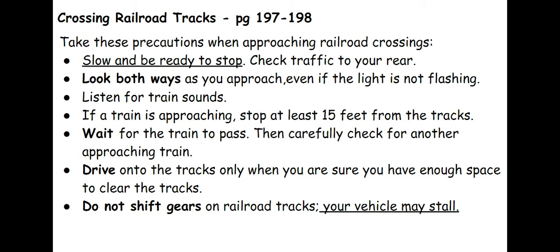that when you go across tracks, you want to be sure there's enough space for you to clear the tracks on the other side. So even though the gates are up and the bells have stopped ringing and the red light is no longer present and you don't see a train, you want to be sure that if there's other traffic present on the other side, there's enough room for you to clear the tracks.